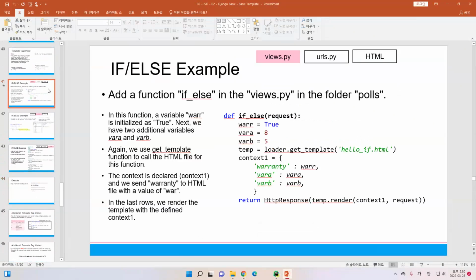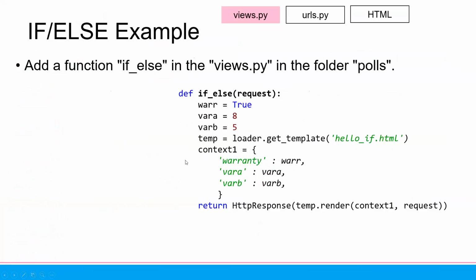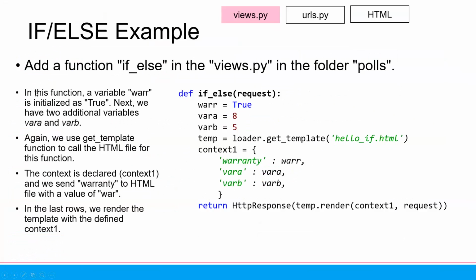Let's explain the code. In this function, a variable WARR is initialized as true. And next, we have two additional variables, for A and for B. Again, we use the getTemplate function to call the HTML file.